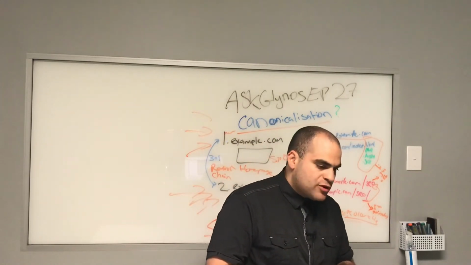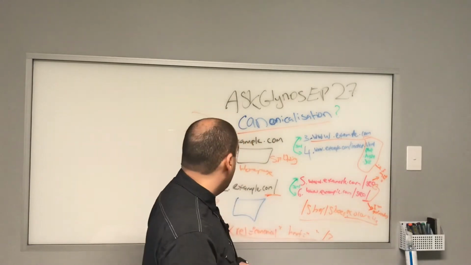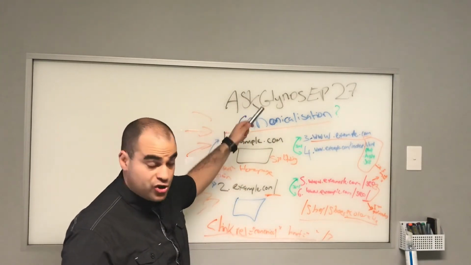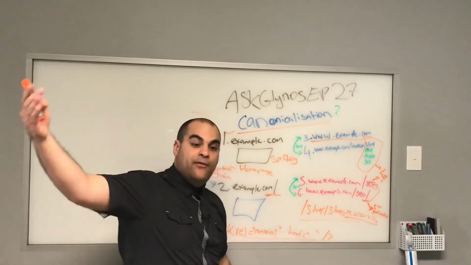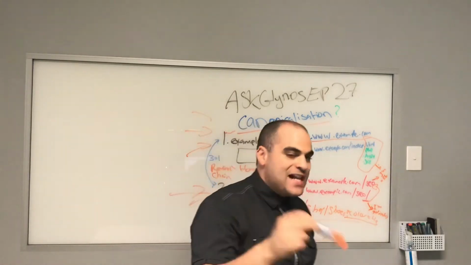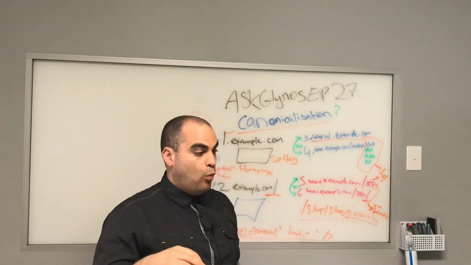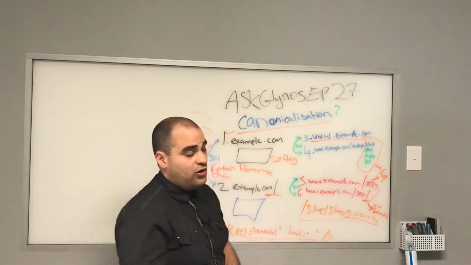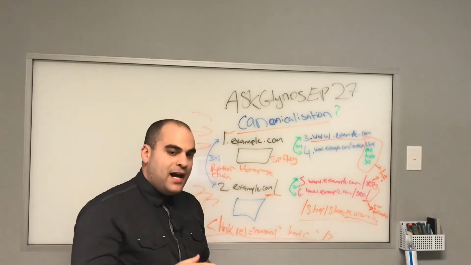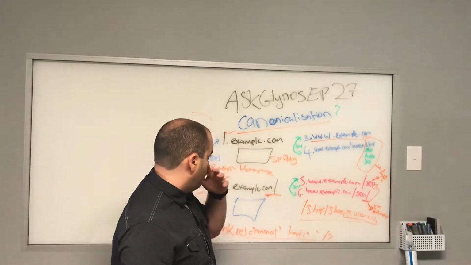From an SEO perspective, as long as one redirects to the other, as long as your non-www goes back to the www version, or the www version goes to the non-www version, that's ultimately what's most important to solve the canonicalization problem. But you've got to think about other issues.